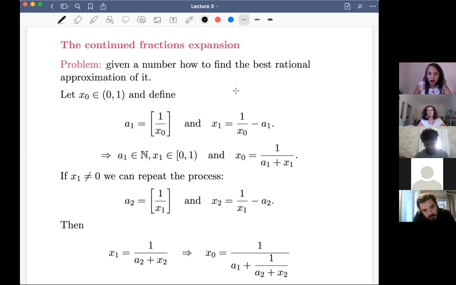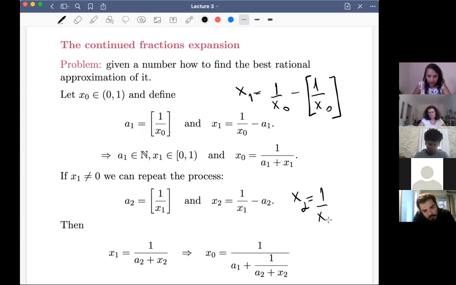So we could write x1 equal to 1 over x0 minus the greatest integer of 1 over x0. And x2 is 1 over x1 minus a2, so x2 is 1 over x1 minus the greatest integer of 1 over x1. But x1 was this.